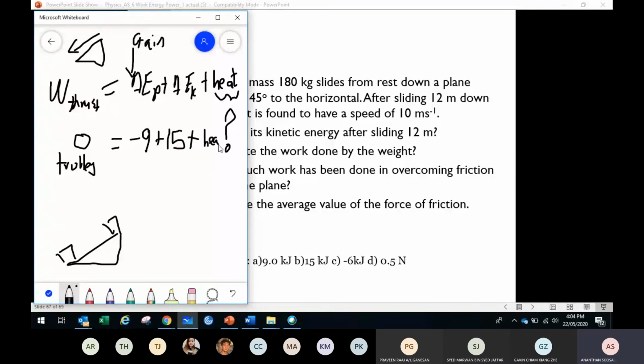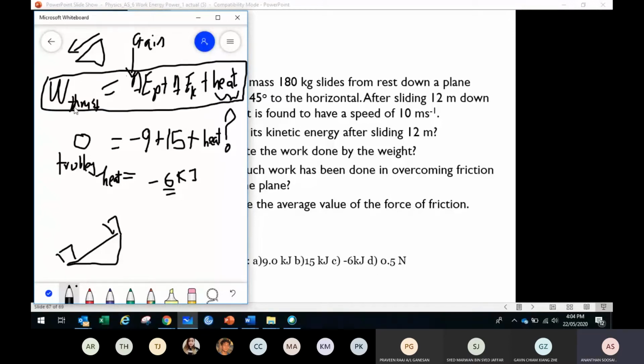How much heat is generated? Rearrange and you get negative 6 kilojoule. So heat generated is negative 6 kilojoule, that is dissipated. This is how you get the answer. This is how you recall your universal equation: work done by the thrust equals gain in EP, gain in EK, heat.